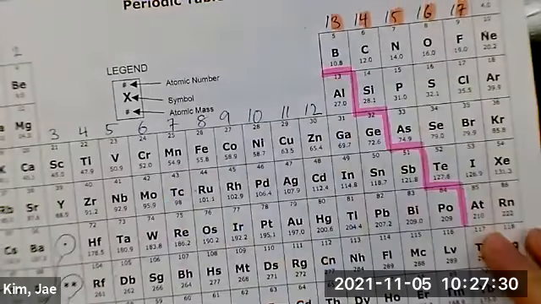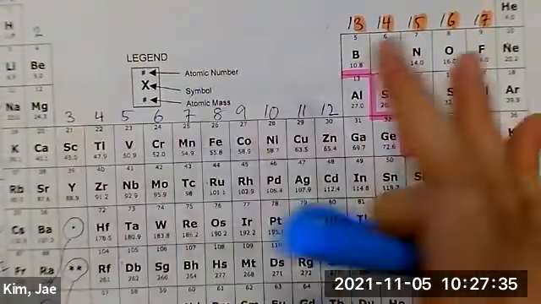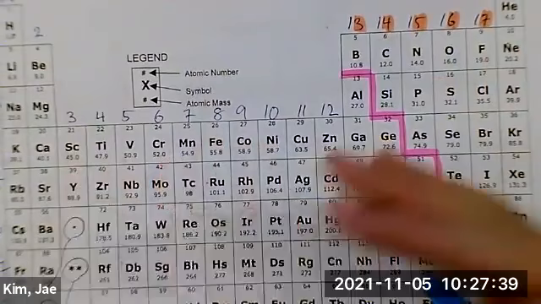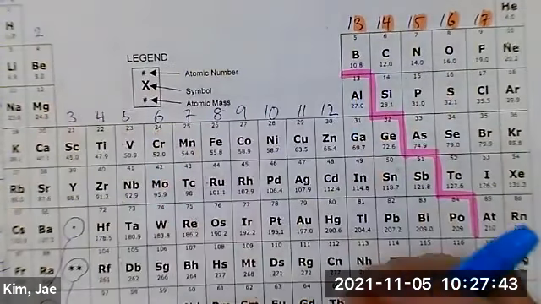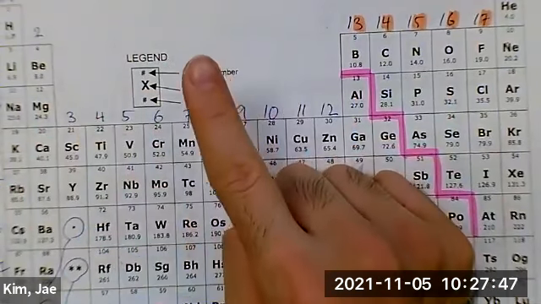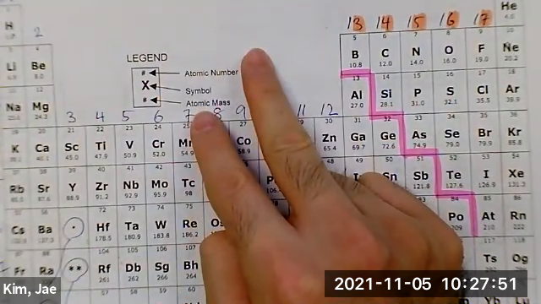This staircase is essentially what divides this periodic table into 2 halves. On the left side, we have metals. On the right side, we have non-metals. On the left side, being metals, they are typically fairly lustrous. You know, they conduct electricity, most of them, okay, most of the time.